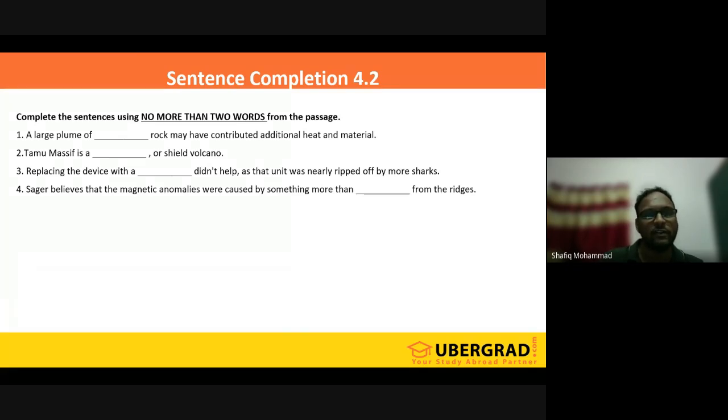If you add another word to make it two words, it will become wrong. So after writing the answer in the blank, read the entire sentence again to check whether it means correctly or not. One more hint is, after writing the answer, read the entire sentence one time. Then you'll understand whether the answer you've given is correct or not.